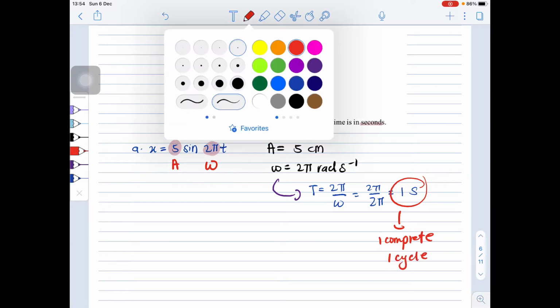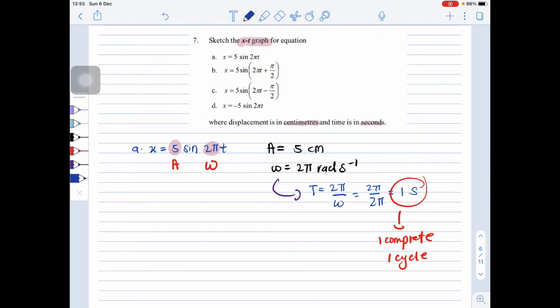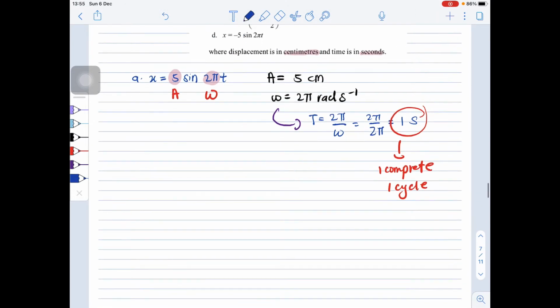So let's draw the axis. Okay, so we have y-axis, which is the x displacement in centimeter, and then the x-axis, which is the t in second.